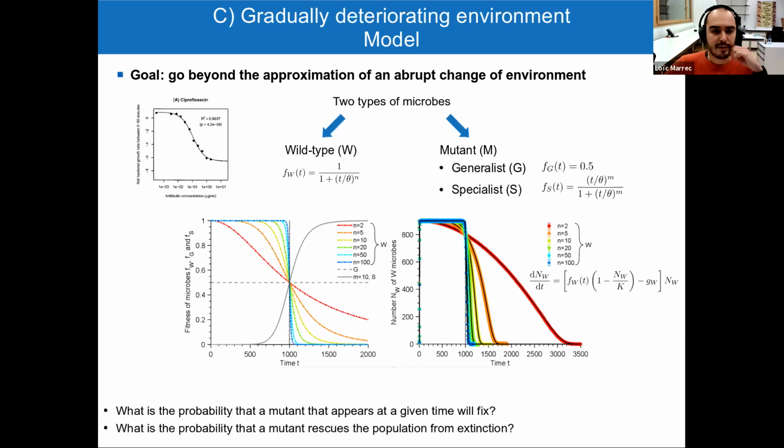So, for instance, if you take a look at this figure, we can see that the pharmacodynamics is a bit more complex. In this figure, I'm showing you the net growth rate of any sensitive microbes versus the antibiotic concentration, and as you can see, it's very smooth.